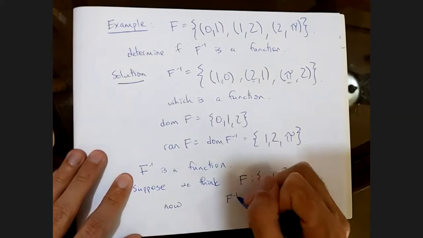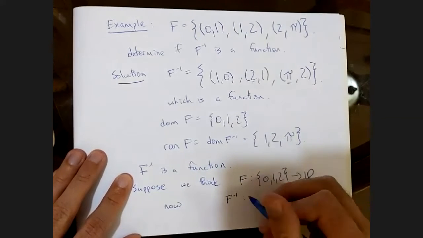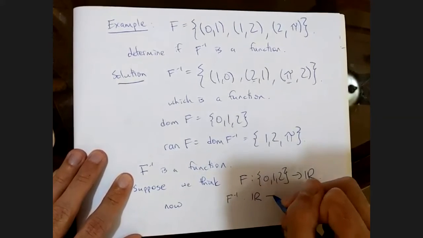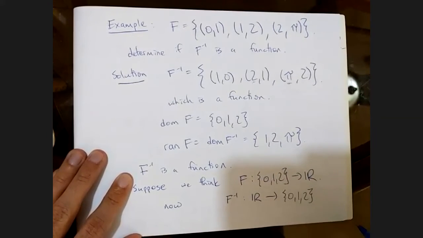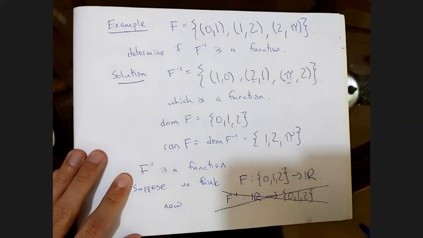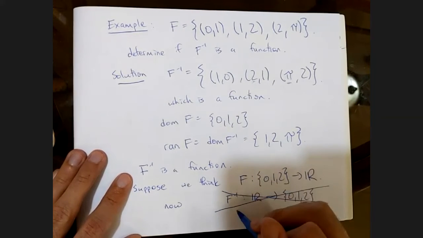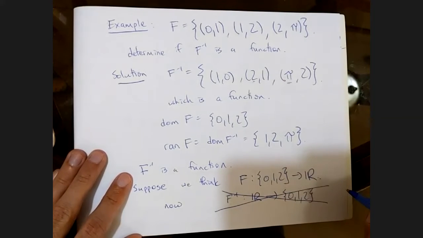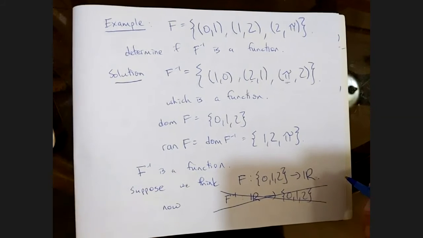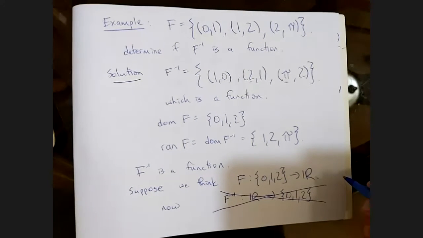Now F inverse does not go, this is not right, because the domain of F inverse is much smaller than the real numbers. So this is when we care about whether a function is onto.